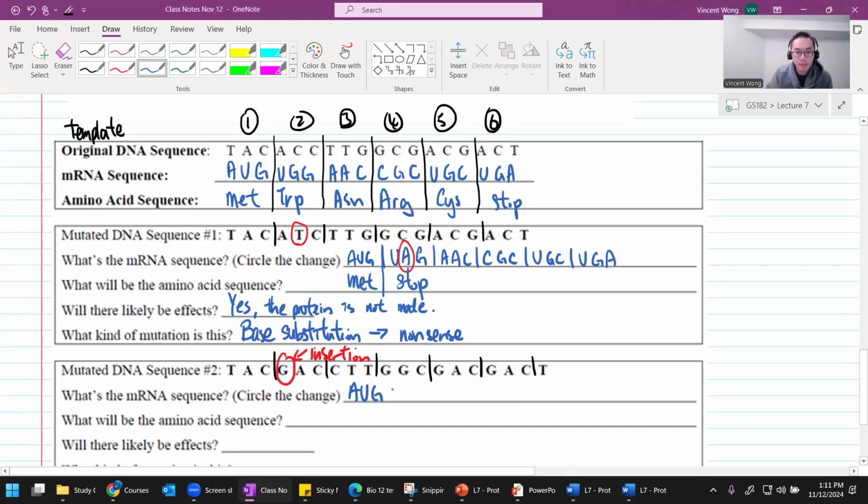AUG, GAC is going to become CUG, and so on and so forth.